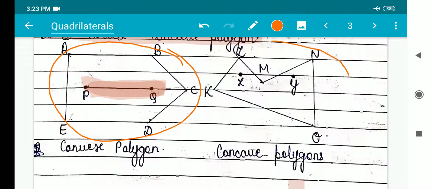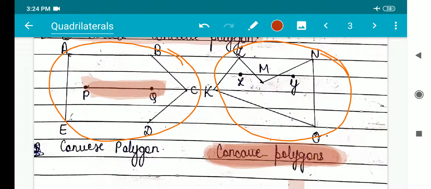Whereas in this figure you can see this is a concave polygon. The two points of this line segment, X and Y, are lying inside this polygon, but the main thing is that the line segment is not completely inside this polygon, so it is called a concave polygon.